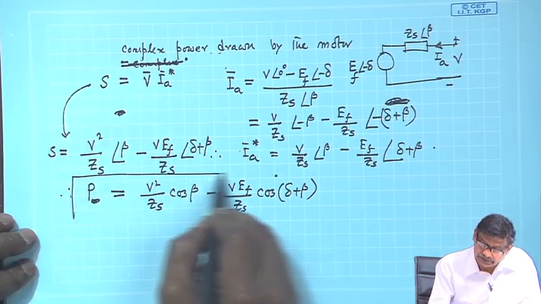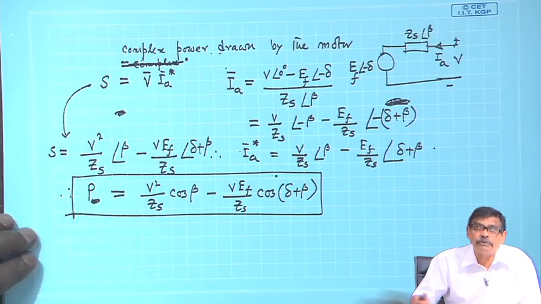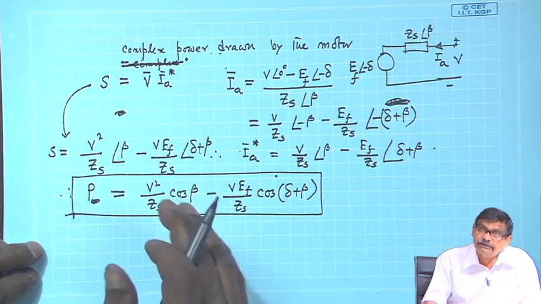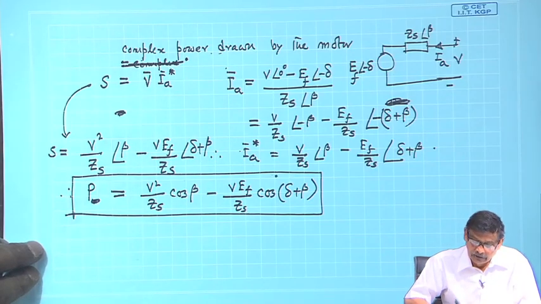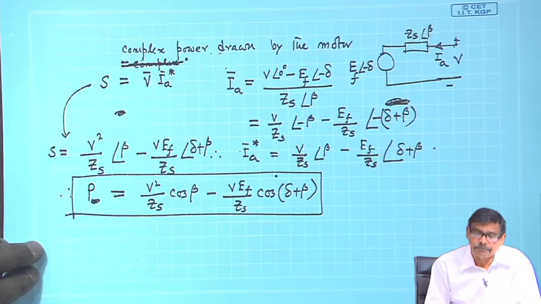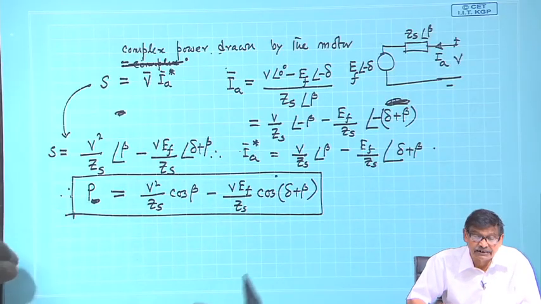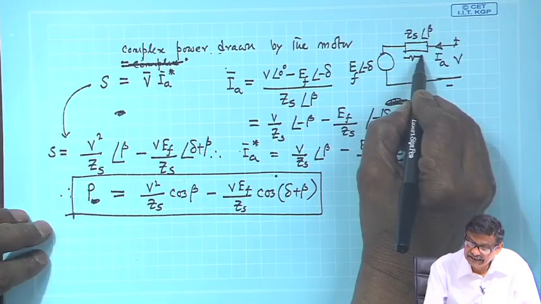This is the expression for the real part, that is how many kilowatts it is drawing, and that is the work which it will do on the motor. Of course, after subtracting the stator armature loss, which involves R A and Z s.